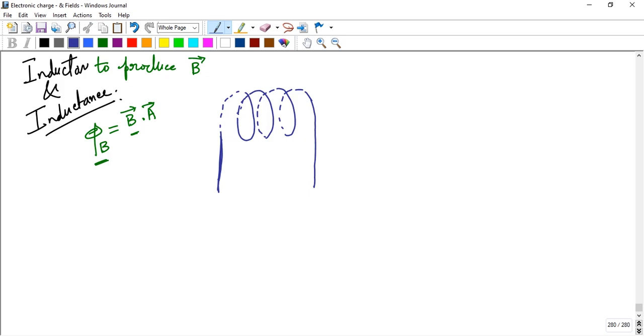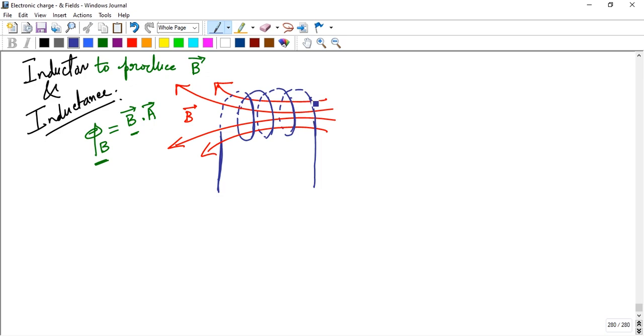Suppose there is a coil, and a magnetic field B passes through that coil, and then a current is generated. This current is called induced current.